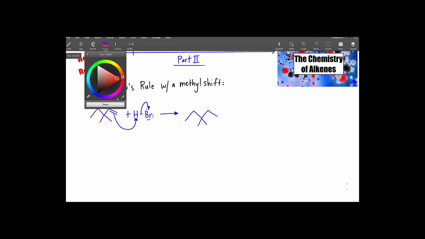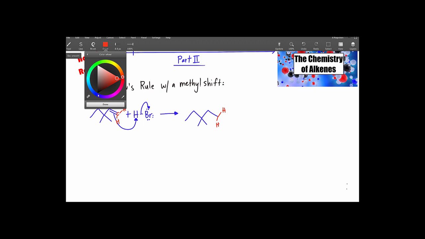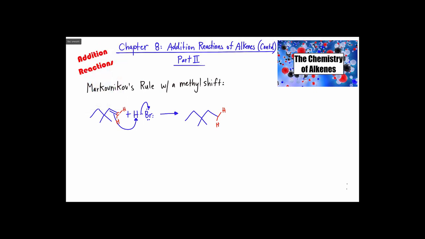Now color coding this to make sure you're following along. This is a carbon with two hydrogens, okay? Now these two hydrogens were already there. Now with the addition of the electrophile, we have a new hydrogen on the carbon.